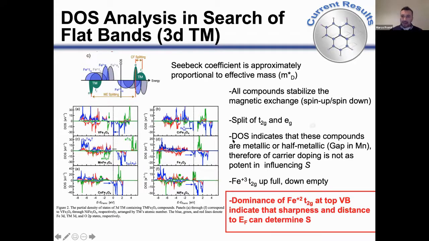Now, all of those respect our expectation of crystal field splitting and magnetic exchange splitting. So the calculations seem to be okay.